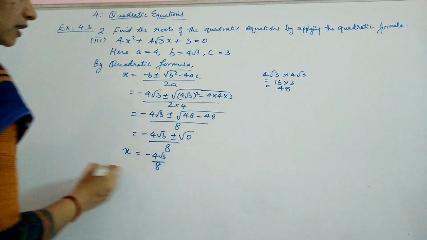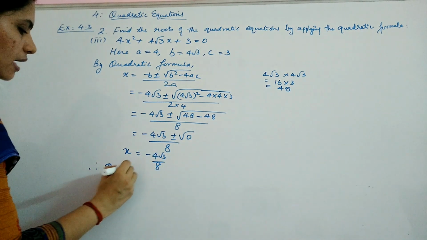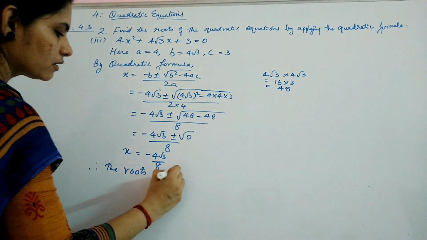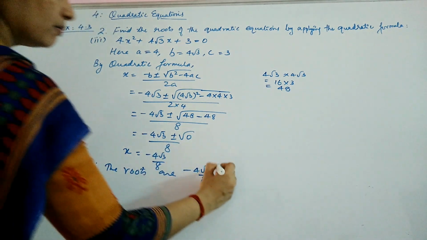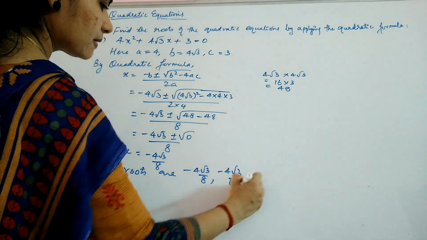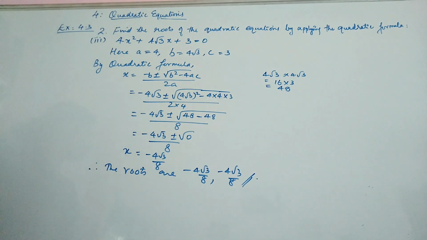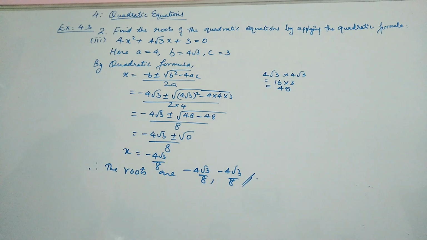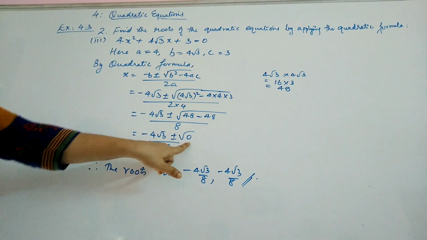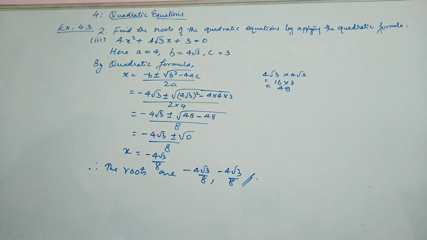So you will write the roots as minus 4 root 3 by 8, comma minus 4 root 3 by 8. So this will give you a double root. The meaning of this is you will get a double root if your b square minus 4ac is 0. Equal roots, two equal roots.